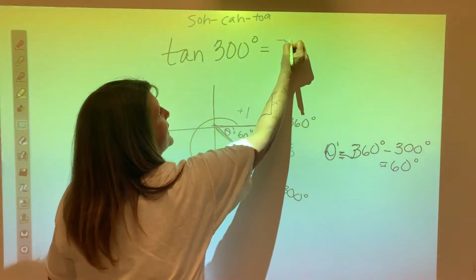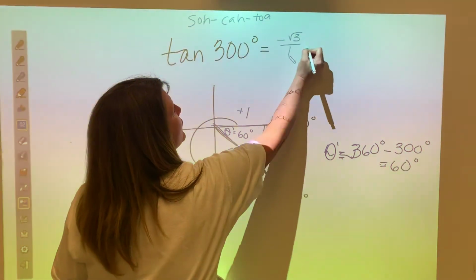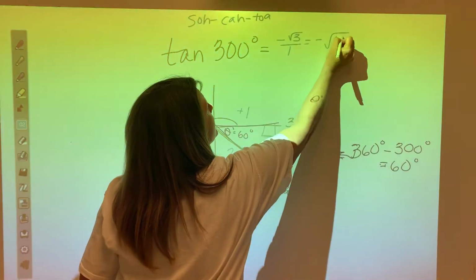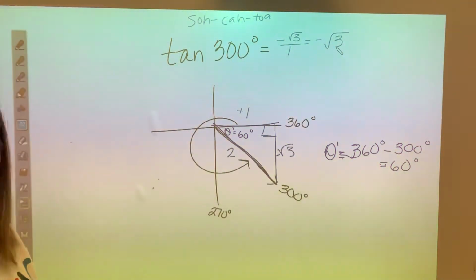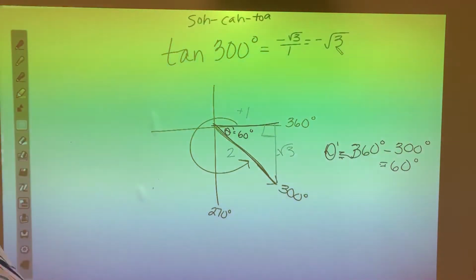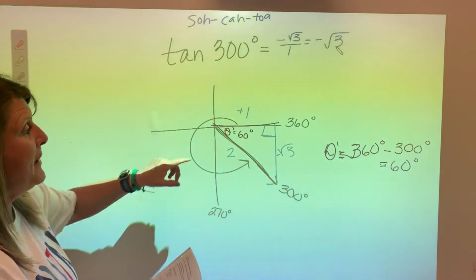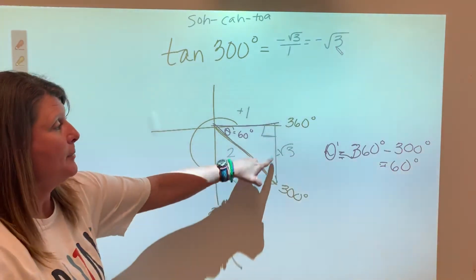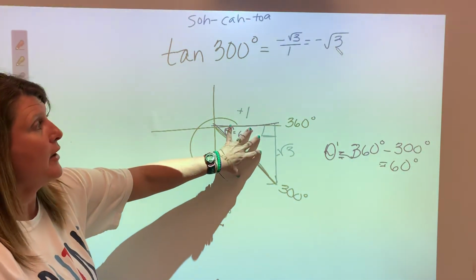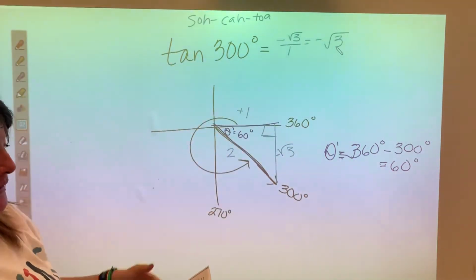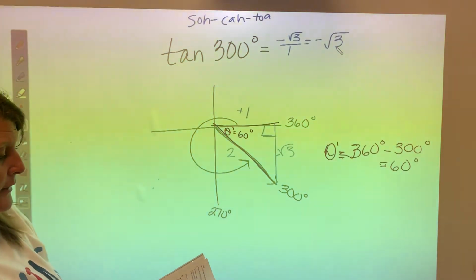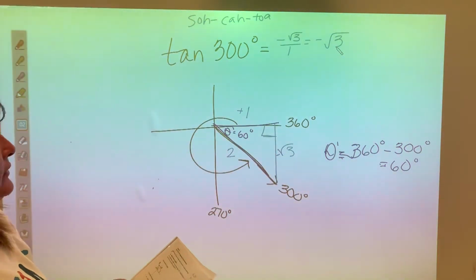So that will be negative square root of 3 over 1, which is really just negative square root of 3. So here's another example of how to evaluate a trig function by using a reference angle, dropping a perpendicular, making a reference triangle, and taking the information at hand, okay? So that's kind of how we work on doing that.